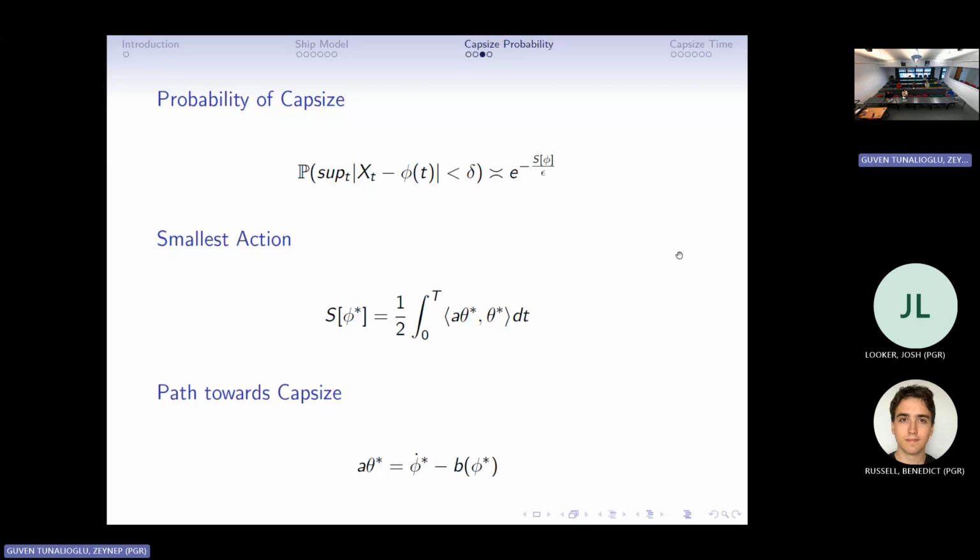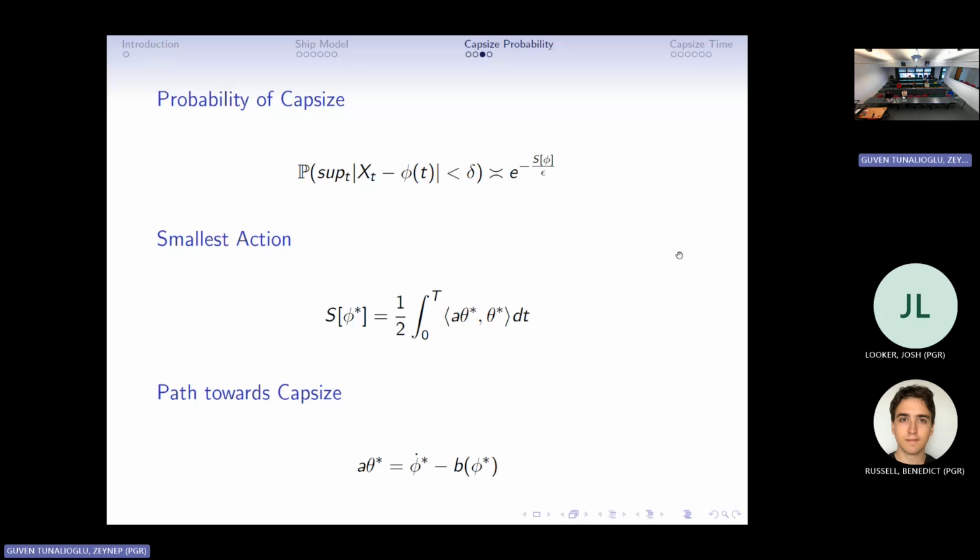So if we think about the probability, it is like e to the power of minus something. If we sketch a graph of e to the power of x, we see that when the power is negative, and by smallest I mean smallest absolute value, the smaller the rate function S is, the greater the probability we can observe.